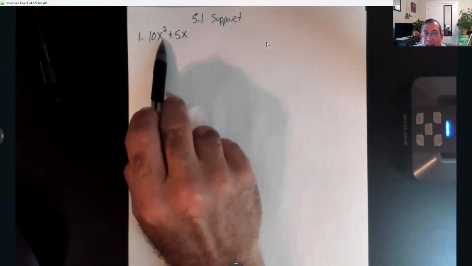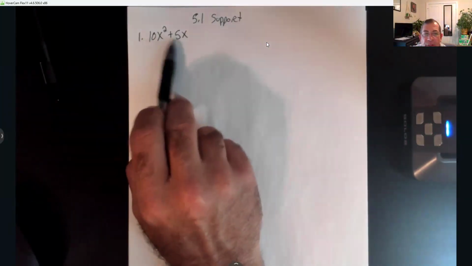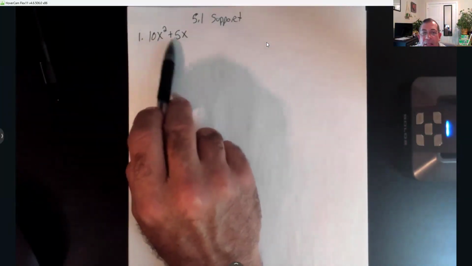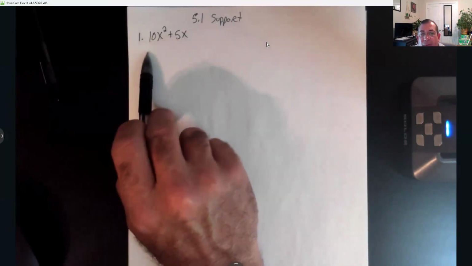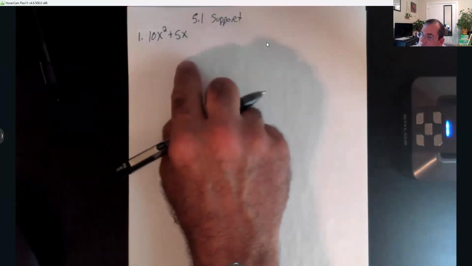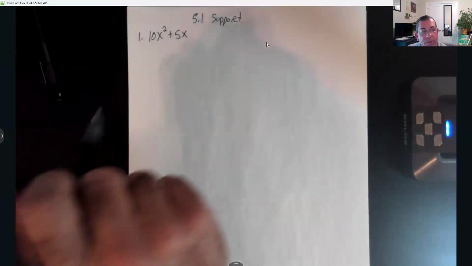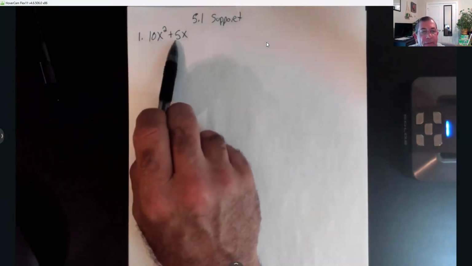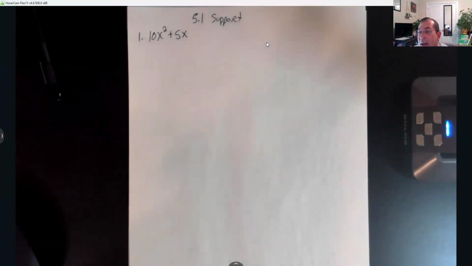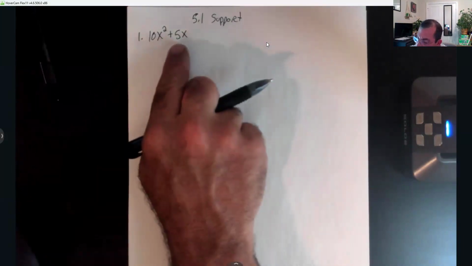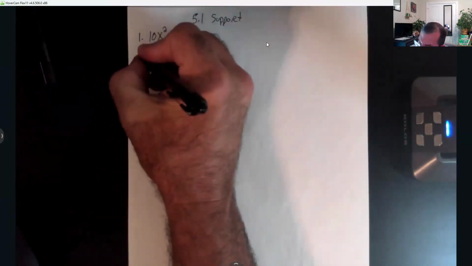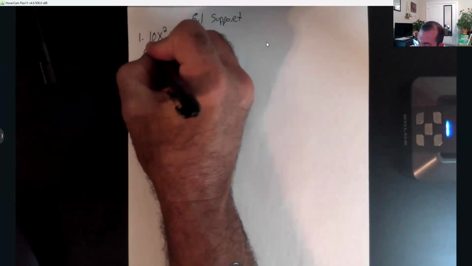Well, y'all, what did I do every time I had x's in both of these? If I got an x in both of these, I'm going to factor that x out because it makes it a little bit nicer. But what else do they got in common? Well, 10 and 5, they both have a 5 in them. So my greatest common factor will be a 5 and an x.